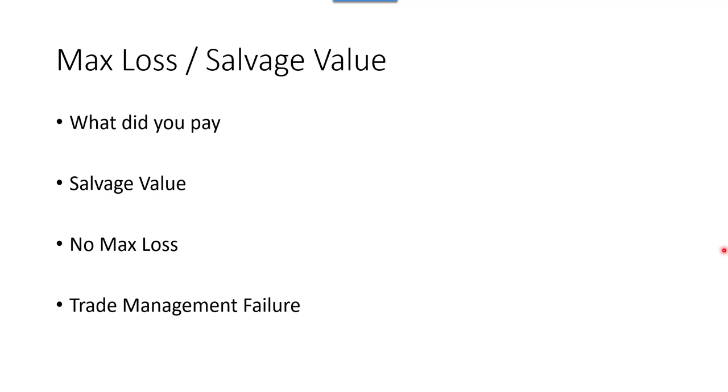This is called salvage value. Remember that an out of the money option with no time value has no value. However, the option farther out still has time value, and this is our salvage value. The max loss in a trade comes down to what you paid for the trade.